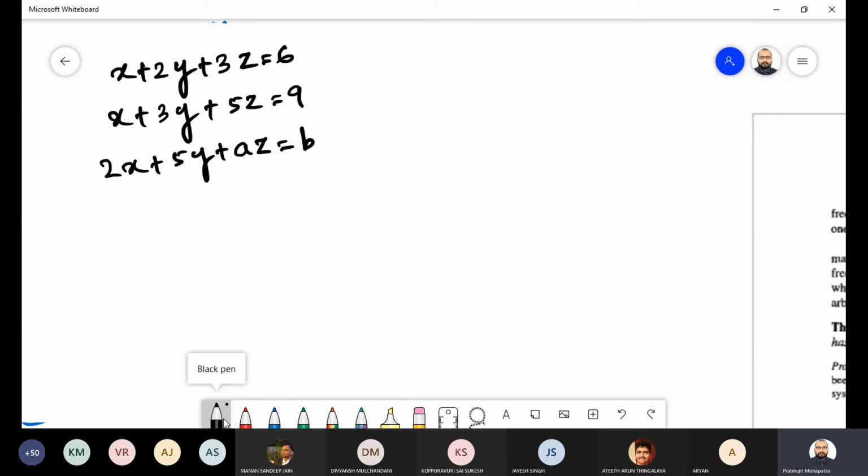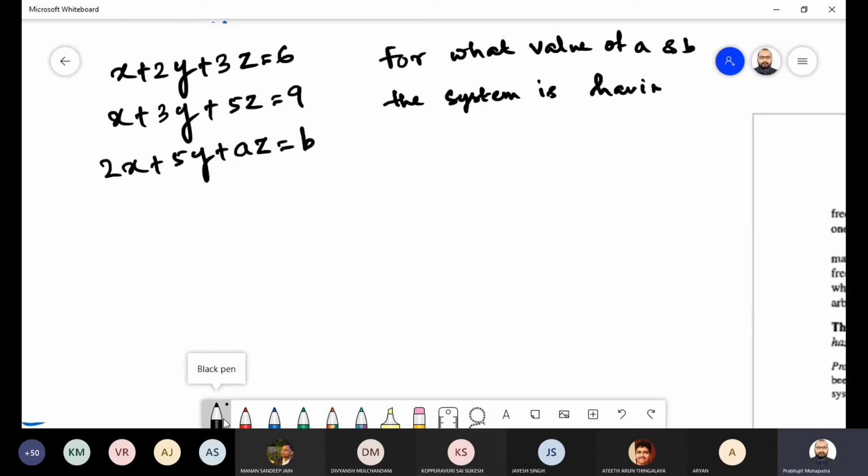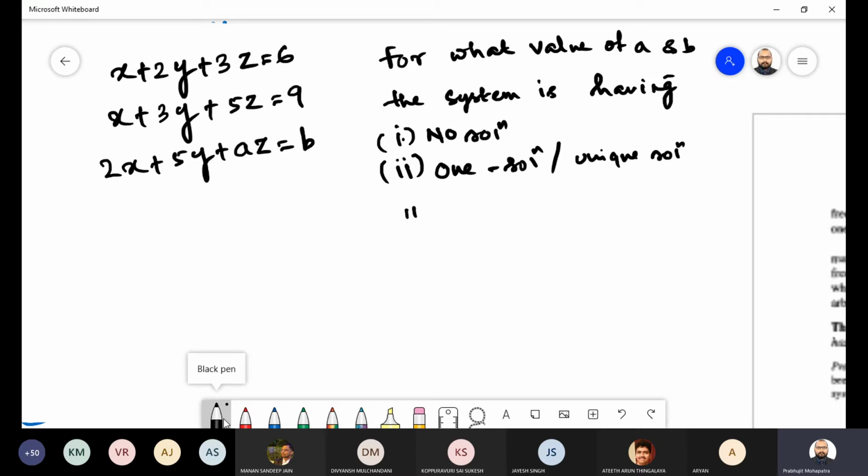The question is, for what values of a and b does the system have, part 1, no solution; part 2, one unique solution; and part 3, infinite number of solutions, or you can say many solutions.